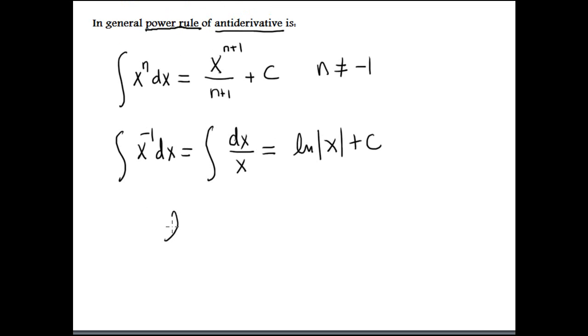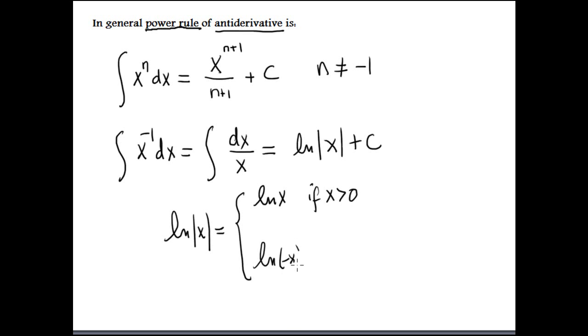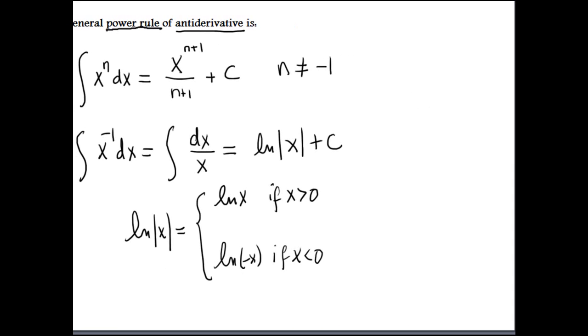Suppose this new function, which is logarithm of absolute value x, is equal to logarithm x if x is positive, and logarithm of negative x if x is negative. When you differentiate this, let's see what happens.